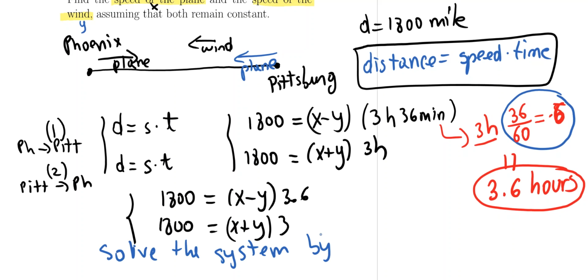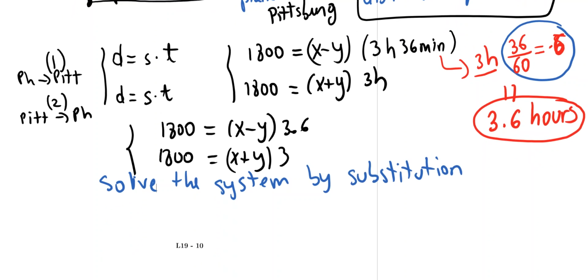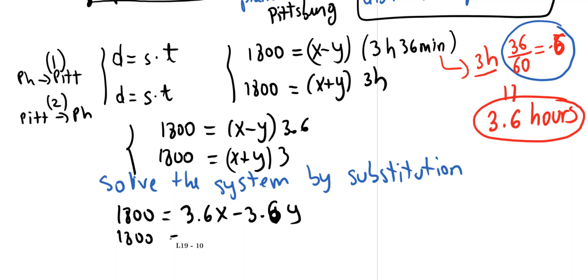Let's just do substitution again. Okay, so let's rewrite it. 1800 equals 3.6x minus 3.6y, and then 1800 equals 3x plus 3y.